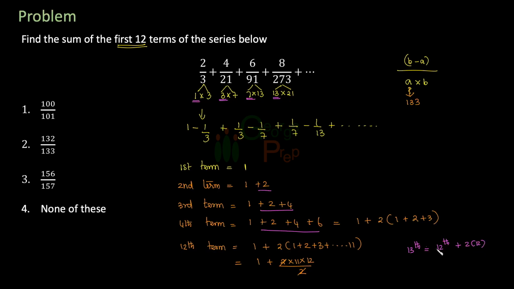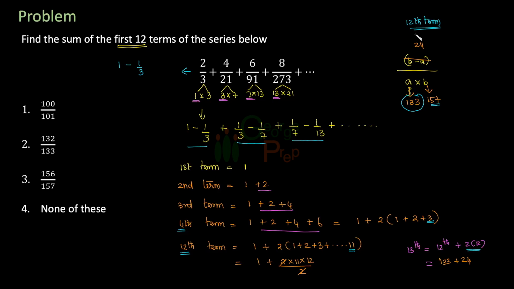So the 13th term is going to be 133 plus 24. My B is going to be 133 plus 24, 157. Okay. So the difference of these two is 24. Hence, this will be our 12th term.